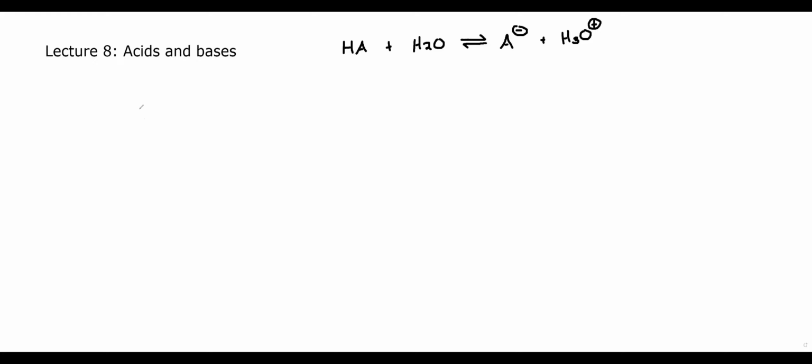Now the equilibrium constant we call capital K EQ. This KEQ essentially tells us which reaction is preferred, the forward reaction or the reverse reaction, okay?